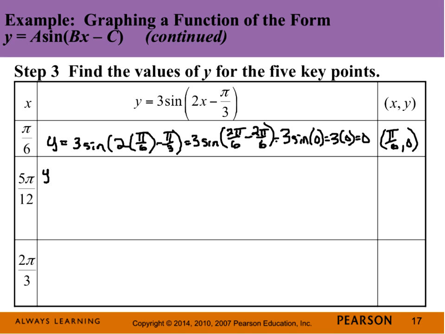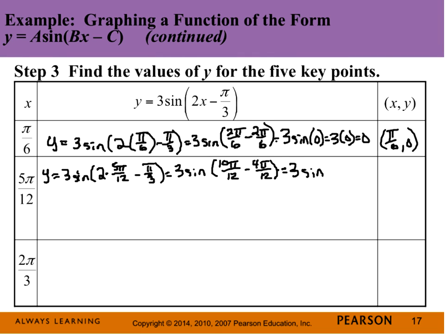Okay. So I'm going to start up here so I have plenty of room for this one. Y equals 3 times the sine of 2 times 5 pi over 12 minus pi over 3. And that equals 3 times the sine of 10 pi over 12 minus, well, pi over 3, if I multiply by a 4 over 4, is 4 pi over 12.